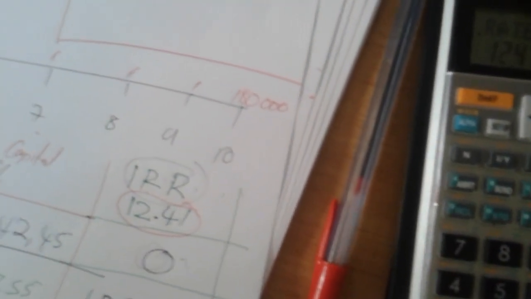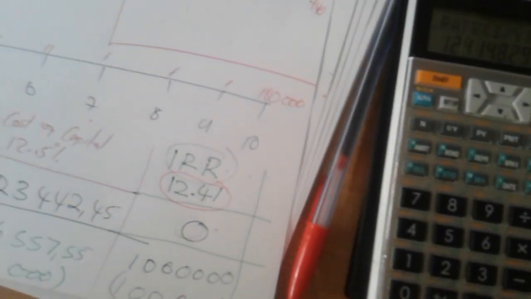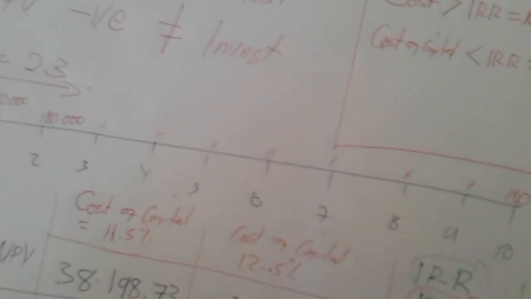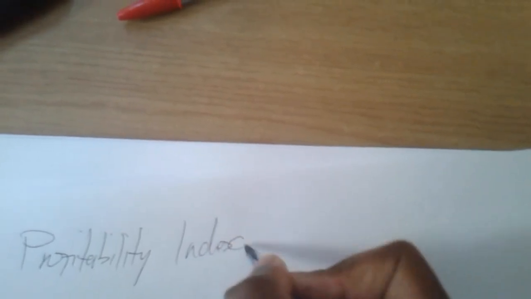And let's conclude our chapter 2 with page 12, which is profitability index.